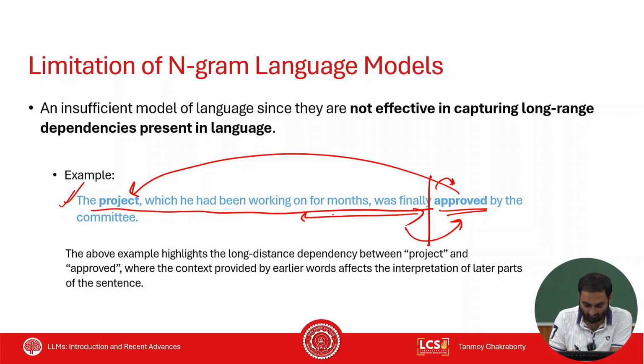Look at the last 4 words: on for months, comma, was finally. Now the language model will not be able to say the next word is going to be approved. So if you had a language model whose context size is 10, for example, or 12, then it may be able to guess the next word as approved.